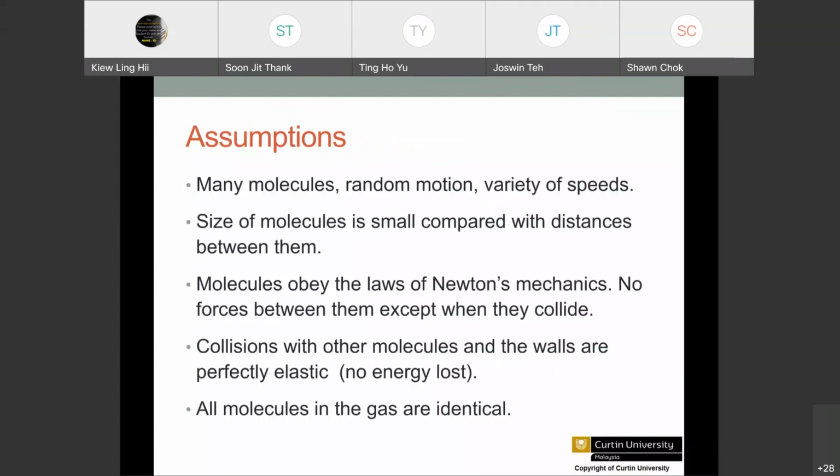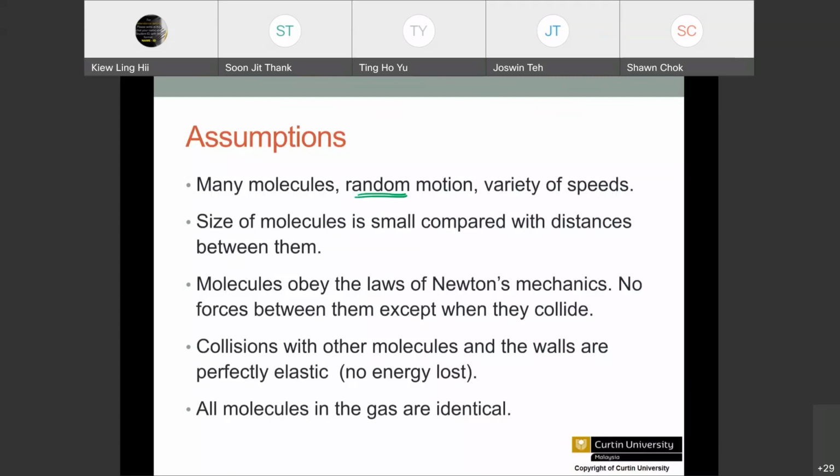So we assume that there are a lot of molecules in the gas and they move randomly with variable speeds. When they move randomly, the speed will be different. So perhaps atom 1 moves at 1 meter per second, atom 2 at 1.2 meters per second, atom 3 at 2.3 meters per second.